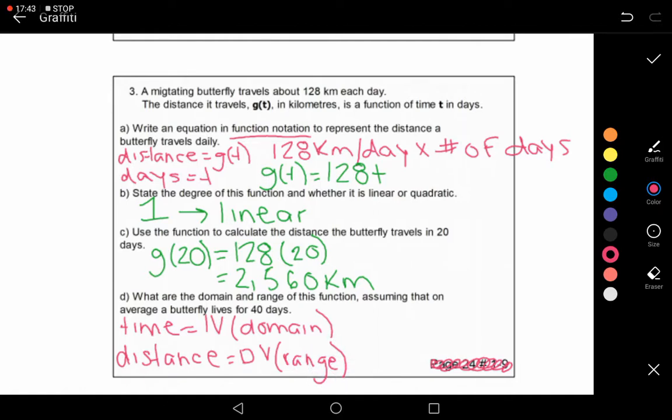Okay, so if our butterfly usually lives for only about 40 days, we know that that's the maximum amount it's going to live, right? So we know that's going to be our largest value. Obviously, if we're thinking about time, its life has to start at 0, right?